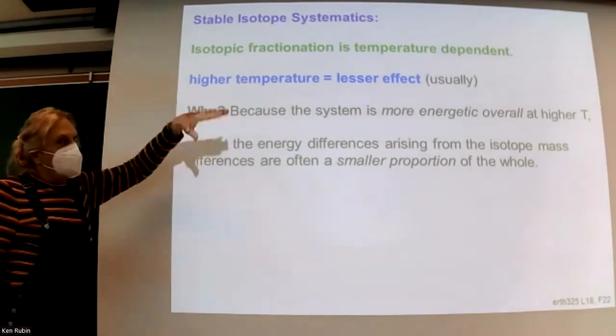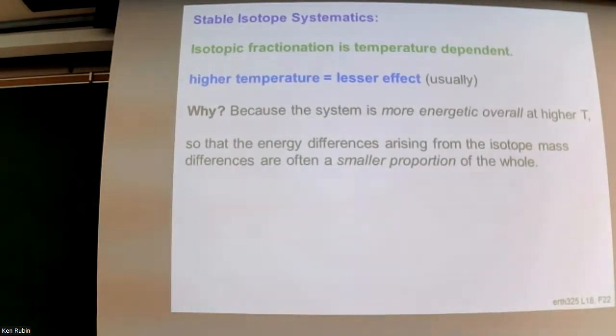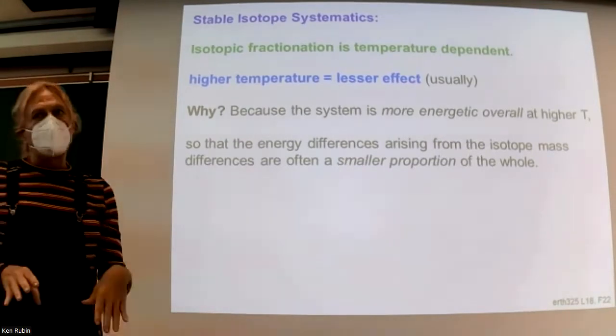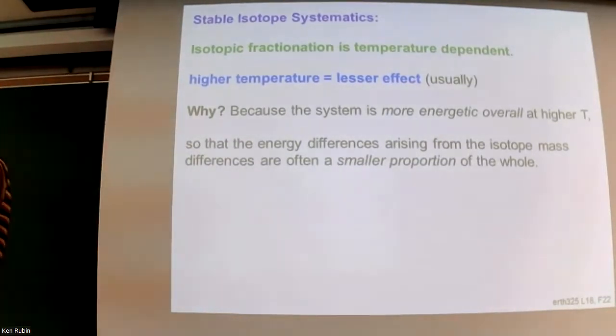It turns out that the separation of isotopes from each other depends on temperature. The reason it depends on temperature is because temperature reflects molecular motion. Not only motion of individual molecules that might be racing around, for instance, in the atmosphere, but also motion that is captured within chemical bonds, which cause bonds to vibrate more or less as a function of what the temperature is.